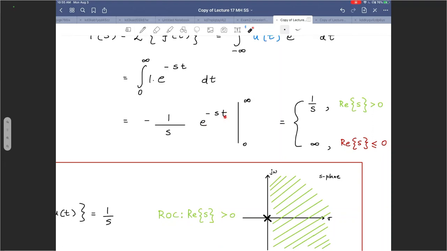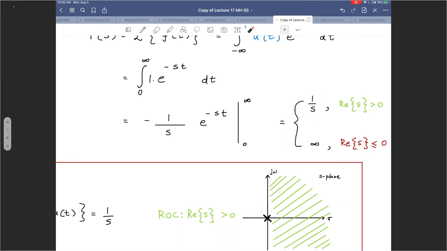Oh, sorry, the e to the negative st, that is going to go to infinity. But if you make the real part of s greater than 0, that is the only case where it will converge to 1 over s.